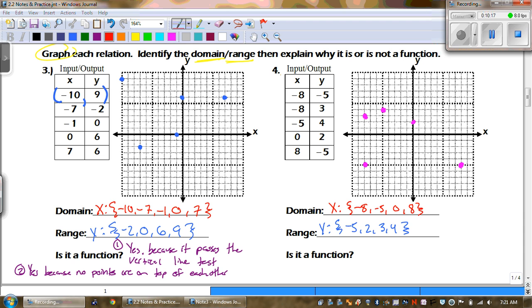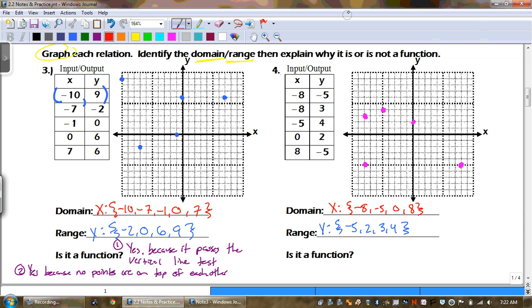Okay, so there we go. How'd you guys do? Did you get all that? Now, is this a function? I'm drawing my vertical line test. And how many points did I hit right there? I hit 2. Okay? So does this pass? No. Okay?